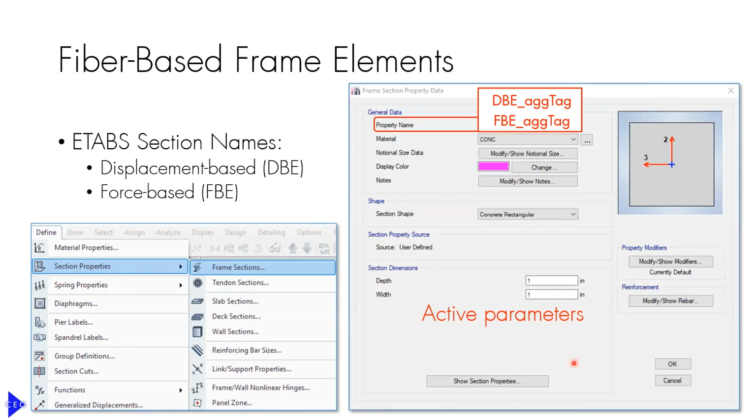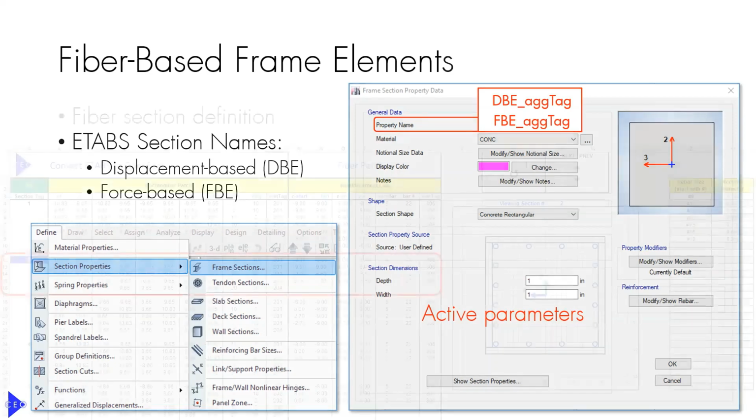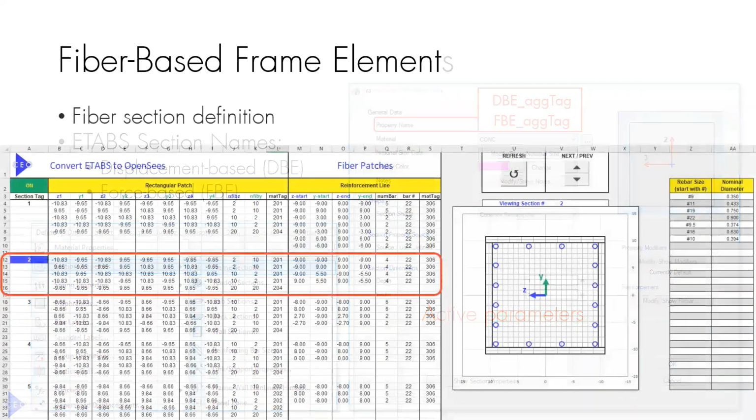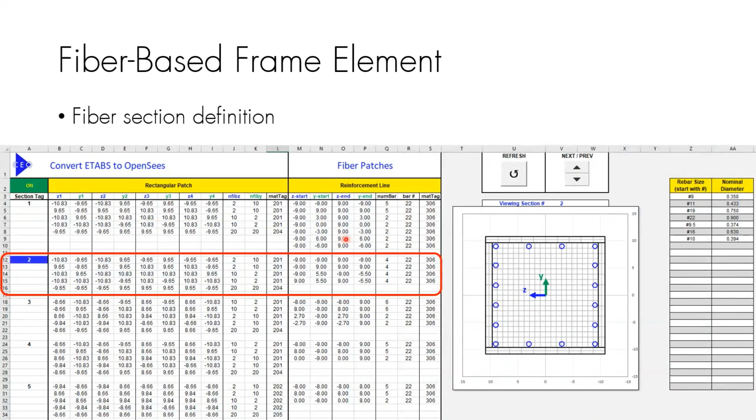So stiffness modifier doesn't make any sense, but concrete material obviously will be defined in Excel spreadsheets. The only thing really that matters here is the names of the keywords that you use to create either a displacement or force-based element. And then in the Excel input file, you would create a fiber section.